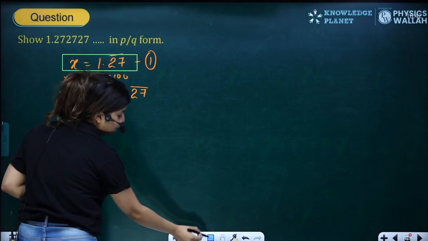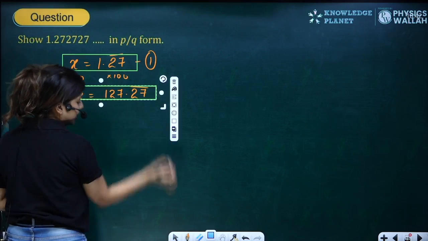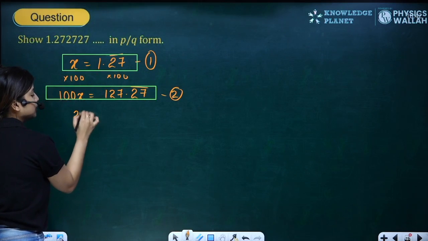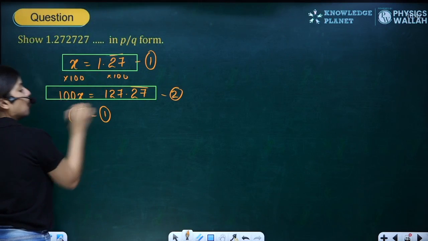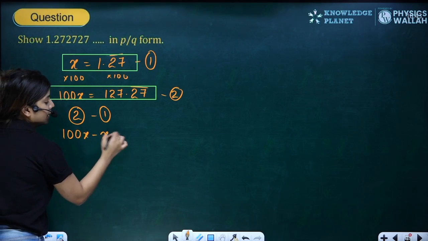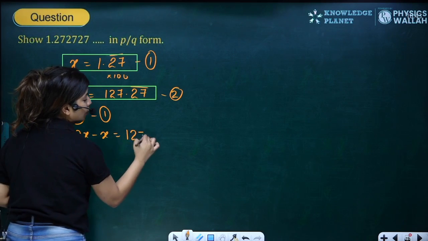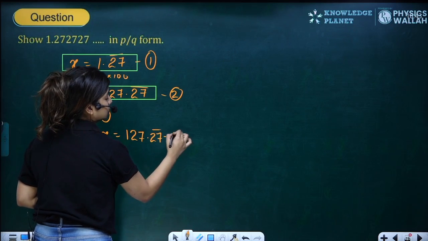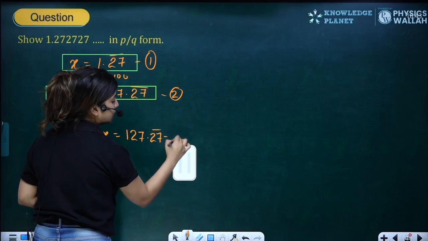This will be our second equation. Now again, students, we have to subtract the first equation from the second equation. That is 100x minus x is equal to 127.27 bar minus 1.27 bar.